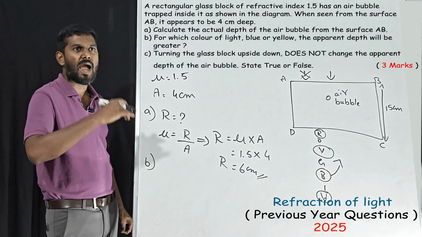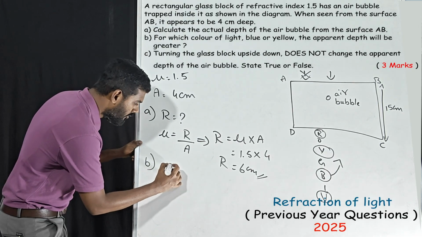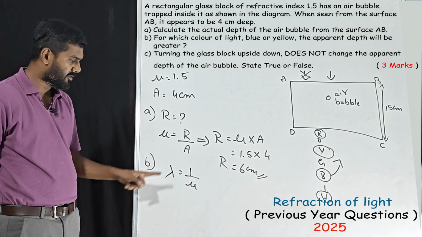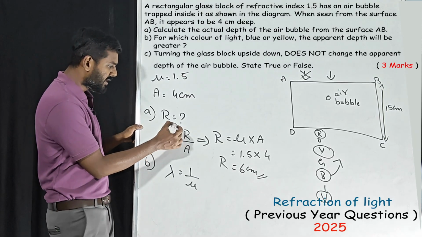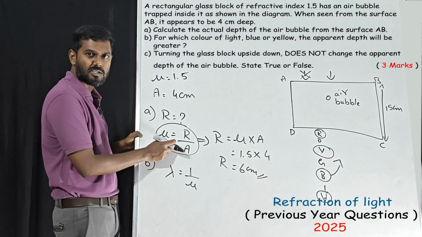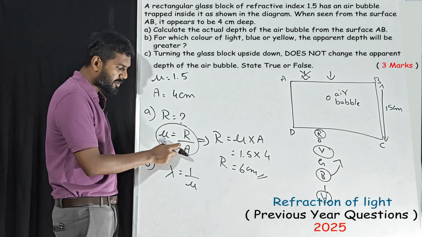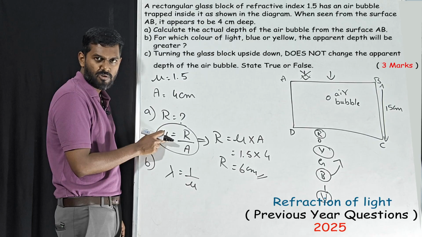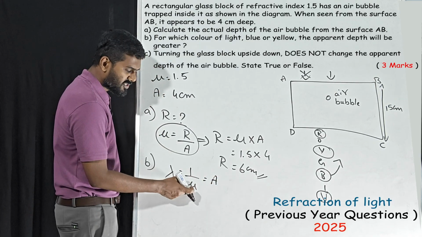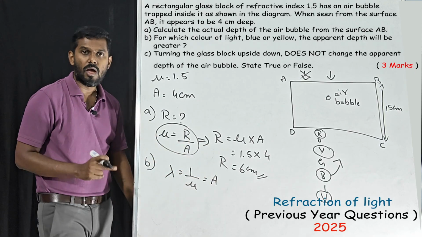Now wavelength and apparent depth, do we have a direct relationship? No. We know wavelength is inversely proportional to refractive index. Here in the formula, how are apparent depth and refractive index related? They are talking about apparent depth in this question. Apparent depth is inversely proportional to refractive index. Then see, wavelength is inversely proportional to refractive index and refractive index is inversely proportional to apparent depth.